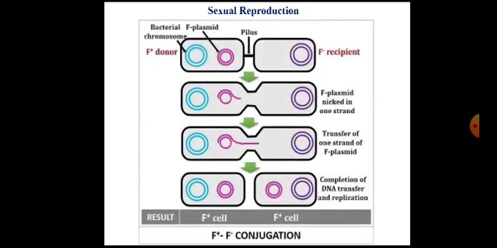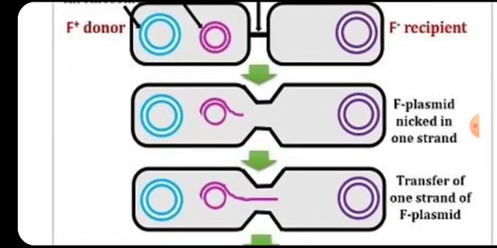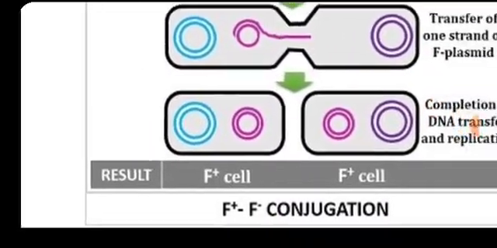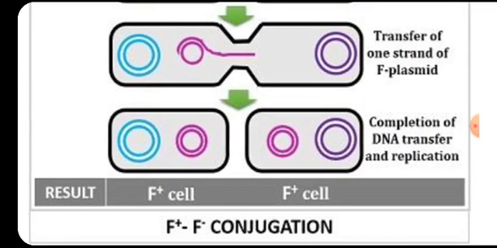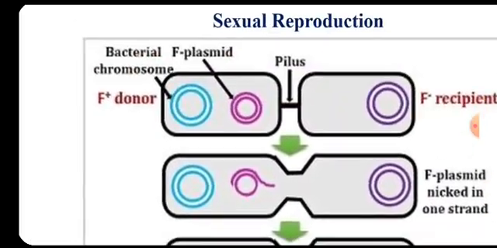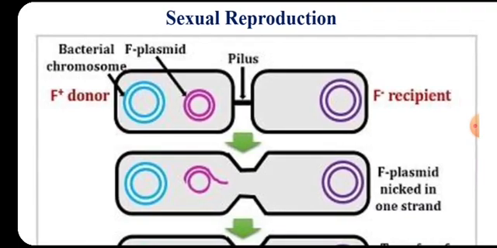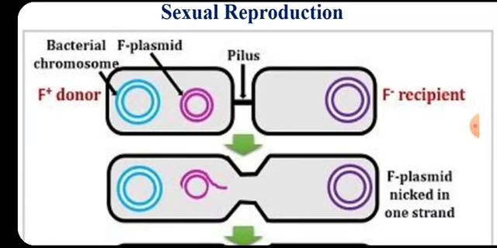Another method of reproduction is sexual reproduction, which occurs rarely. The method of sexual reproduction in bacteria is called conjugation. Conjugation requires cell to cell contact.